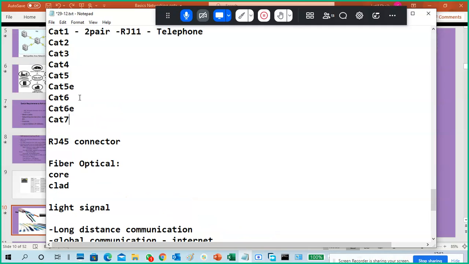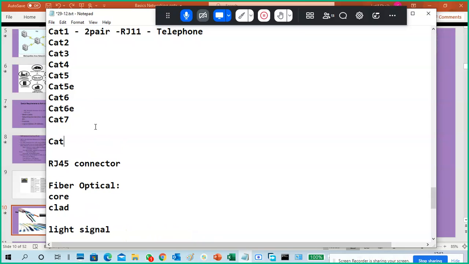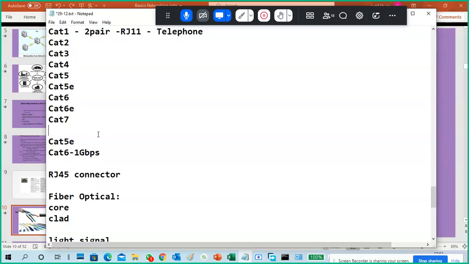Guys, the best cable is Cat 6, because Cat 6 is actually 1 Gbps, as I know. The next important cable is Cat 5e, which is around 500 to 600 Mbps.